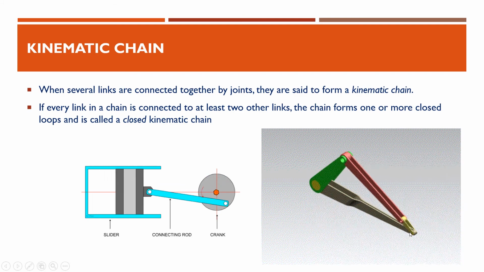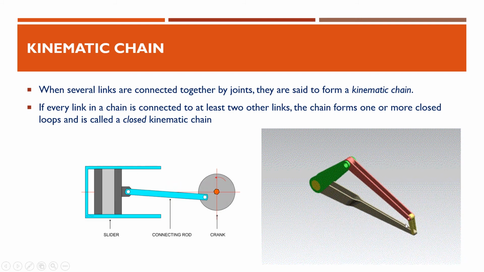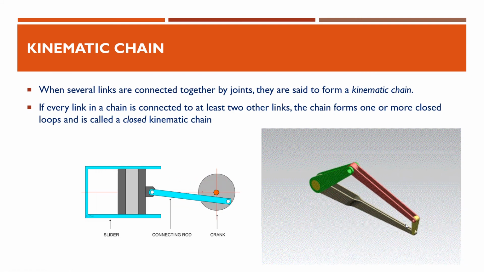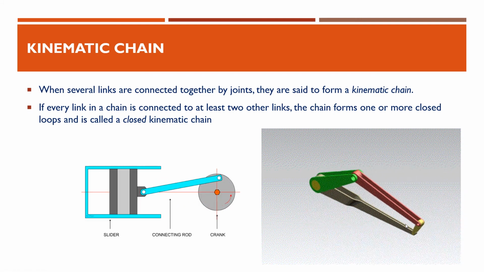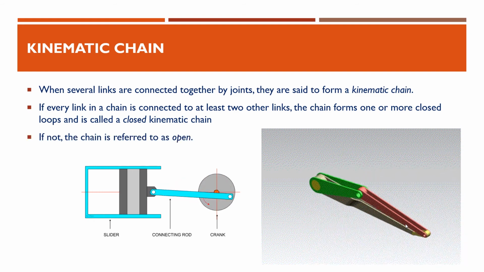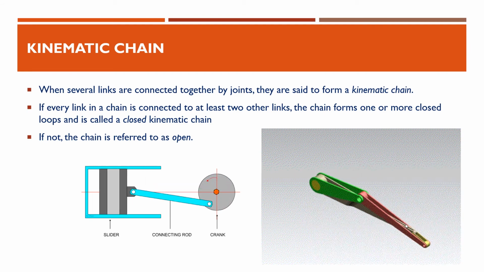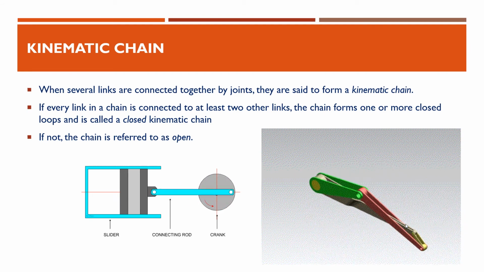And this yellow link is connected to the ash and red link. So, every link is connected to 2 other links. Such is the case of a closed kinematic chain. Okay. If it is not connected to at least 2 other links, then it is called an open chain. Otherwise, it is called a closed chain. Okay. So, this is the definition of the kinematic chain.